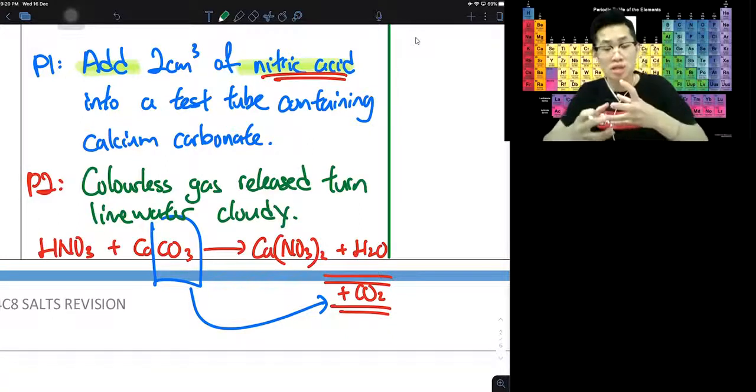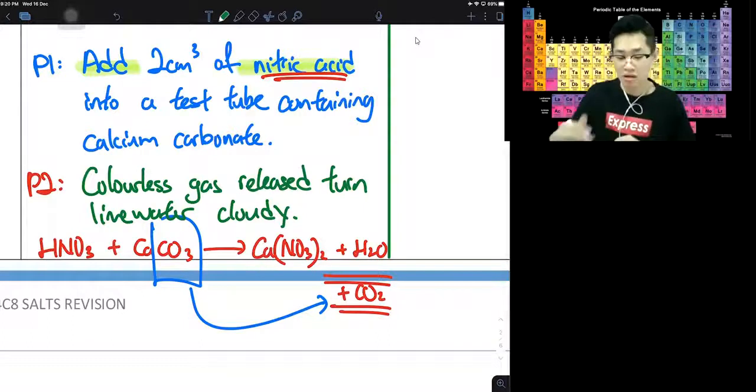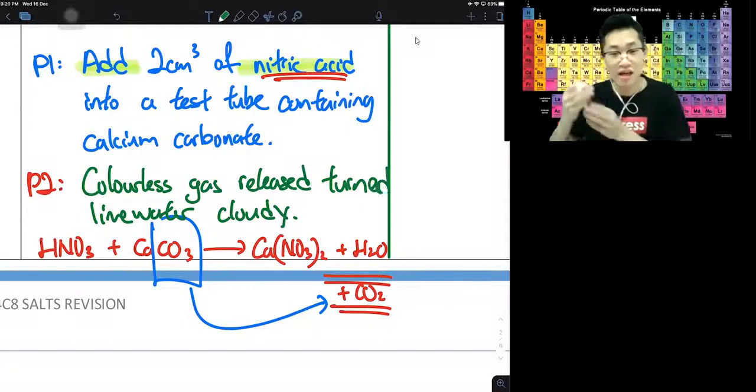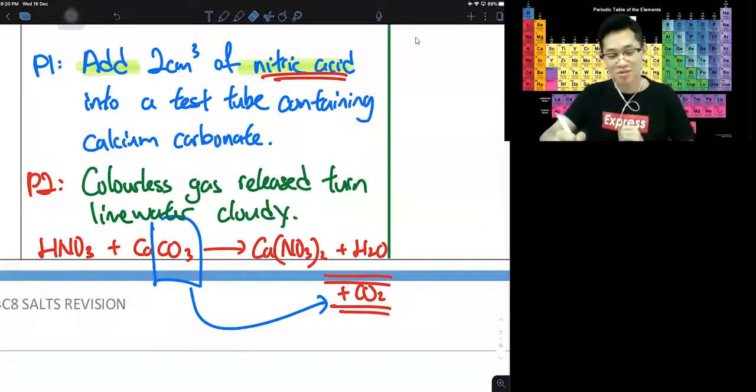So that means when I do the test, I add the acid, it produces a gas that will turn my lime water cloudy. And of course, if this needs to be 'ed', you add 'ed'. This kind of grammar mistake, you can settle yourself.